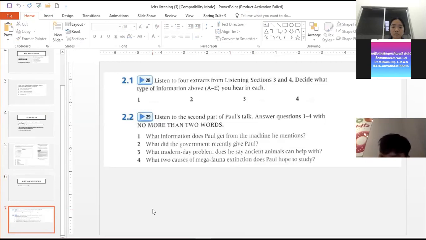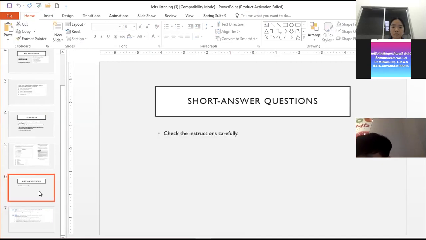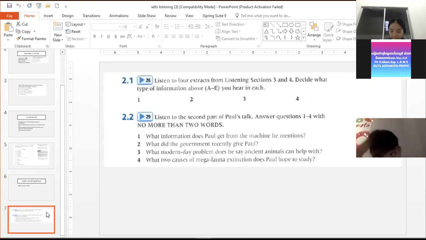It's not beyond the line or any thinking skills, and it won't be very long either. So first thing first, you need to check instructions carefully whenever you are asked to write. Check how many words you can write. For example, in these questions, we have 4 questions. How many words can you write in these 4 questions?